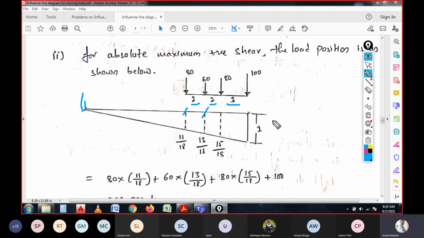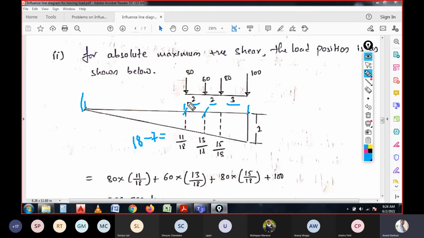In the total span of 18, if you deduct 7, then it will be 11, that is 18 minus 7 will be 11 over here. The 7 is because 3 plus 2 plus 2, so from here to here it is 7 meter, and from here total distance is 18.